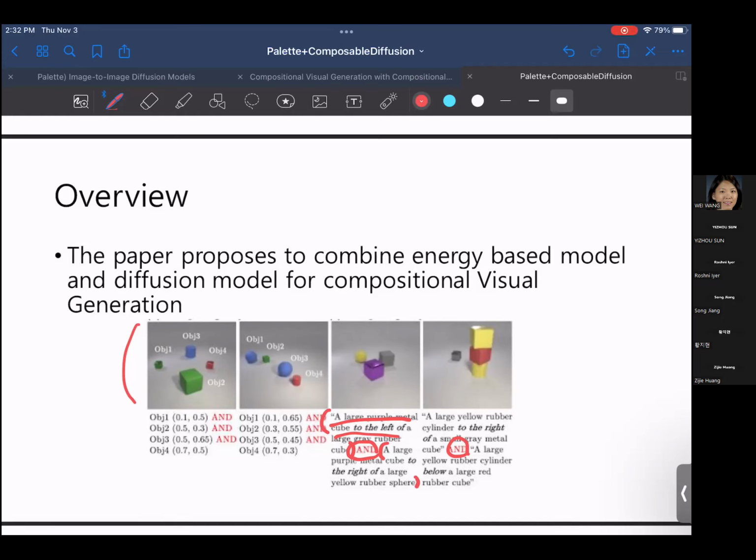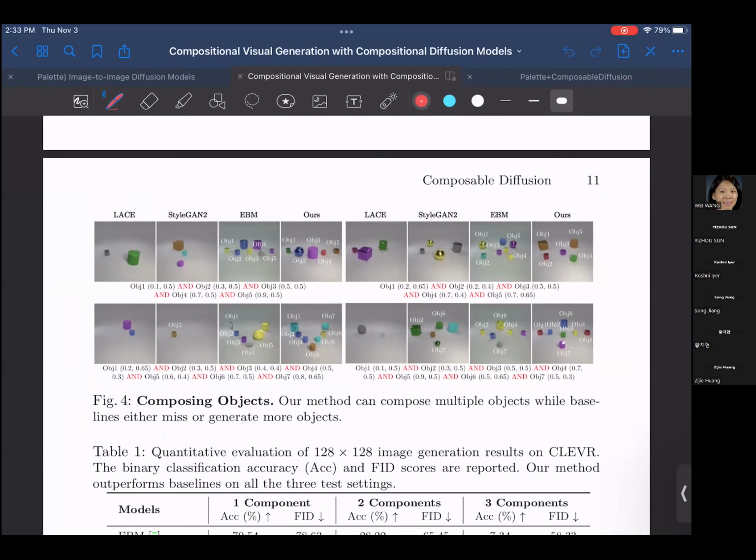When you look at this image, this is actually what they do: large metal cube, small yellow metal sphere, large metal cube. So it's going to be mostly names, I would say. But in this part, they were using a specific dataset for this specific task that is named by object one, object two, object three.